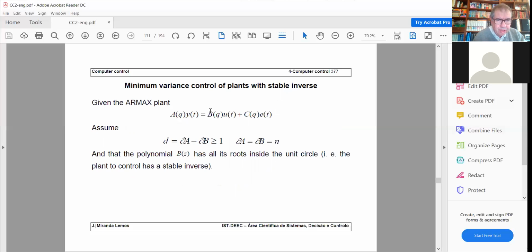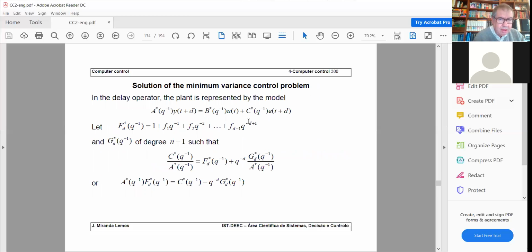Here, I get the reciprocal polynomial of B and the extra power of q, which is the delay. That's the difference of degrees of B and A. And C has the same degree of A, so I get here the reciprocal of C. So I get this model here, okay? And this is the delay of my system.